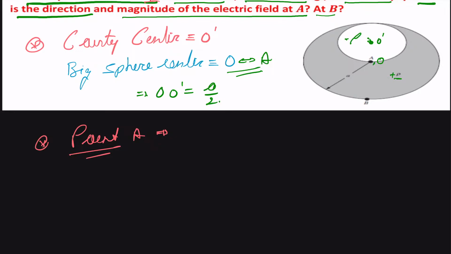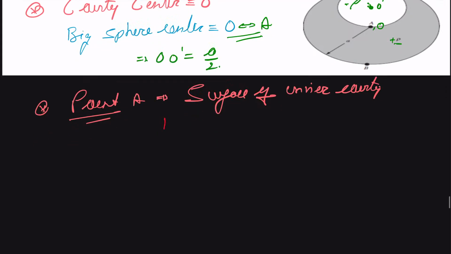So point A is on the surface of the inner cavity, and this point A is also at the center of the big sphere. Okay, and point B is fixed at the surface of the big sphere.